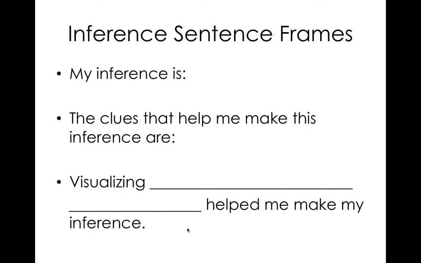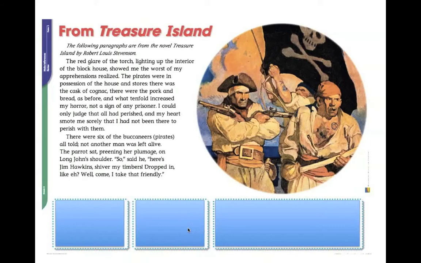Today we're going to start looking at an excerpt from the book Treasure Island. And I'll read it to you. The red glare of the torch, lighting up the interior of the blockhouse, showed me the worst of my apprehensions realized. The pirates were in possession of the house and stores. There was the cask of cognac. There were the pork and bread as before, and what tenfold increased my horror, not a sign of any prisoner.